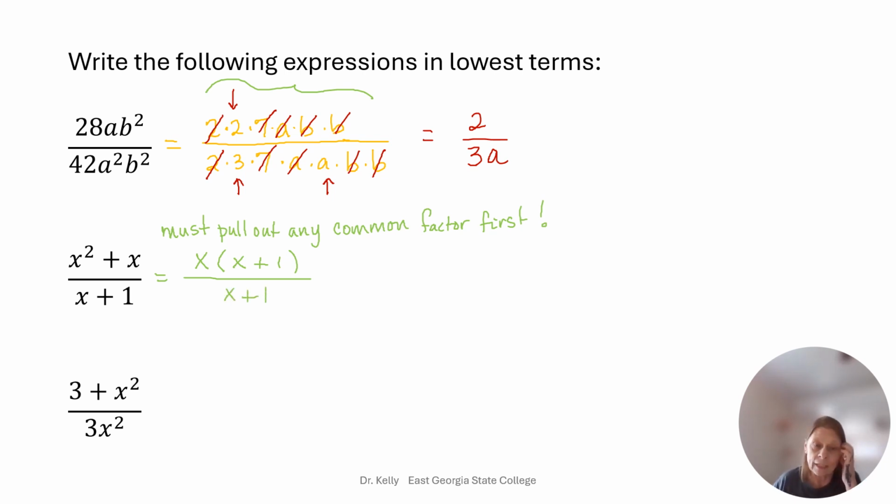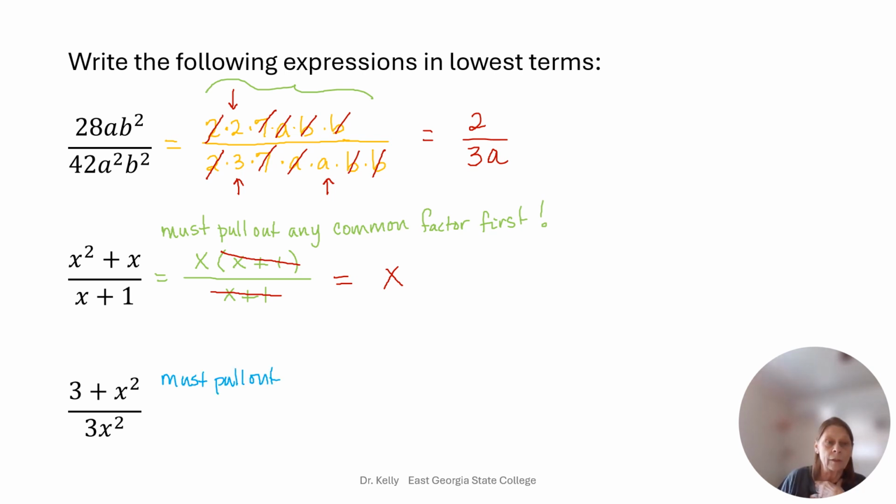Now the only thing to cancel out an x plus 1 is another x plus 1, and it appears as though we have 2 x plus 1's here, so our answer is simply x.